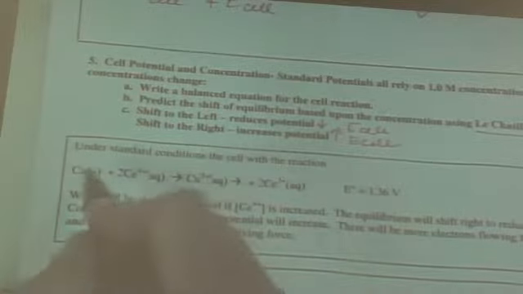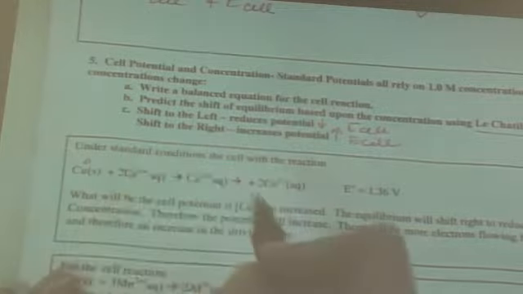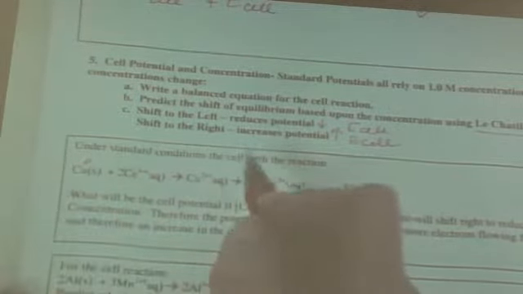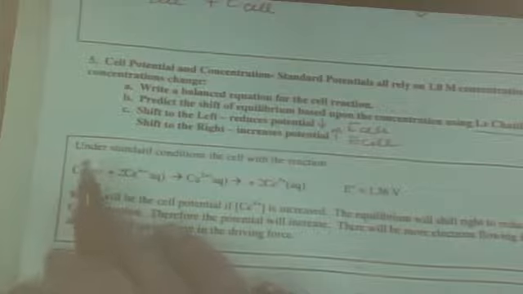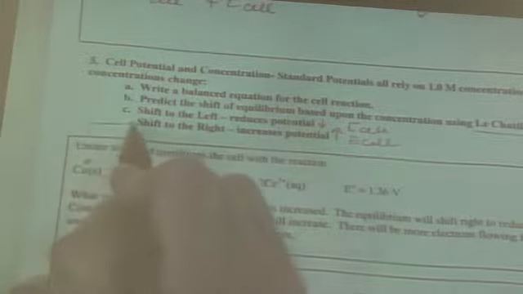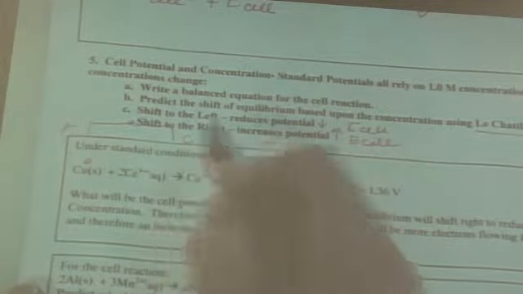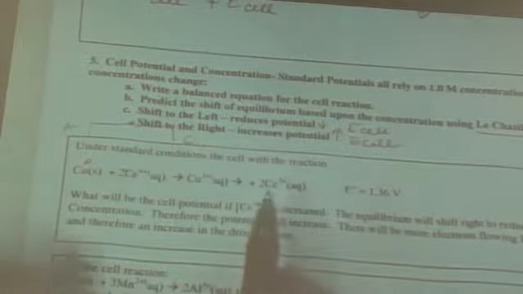Let's look at this equation right here. Copper is oxidized. It goes from an oxidation number of 0 to +2, so this is the oxidation. When it's oxidized, it's going to lose 2 electrons. 2 electrons go from the anode to the cathode, making a flow of electrons.